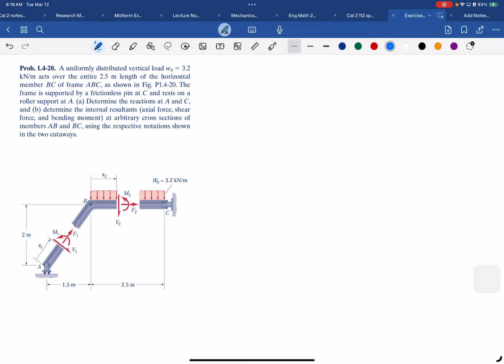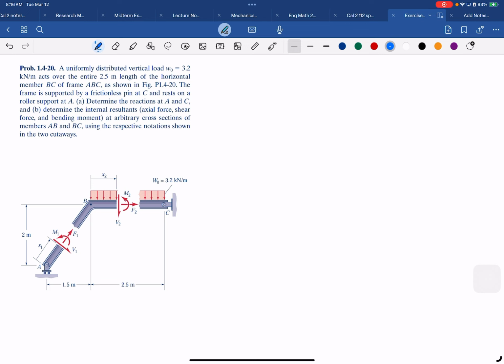The distributed load is 3.2 kilonewton per meter, and then we have the condition that the pin A, or the joint A, has a roller. So it's only the vertical reaction, right? So the first question is again very basic: the reaction at A and C.